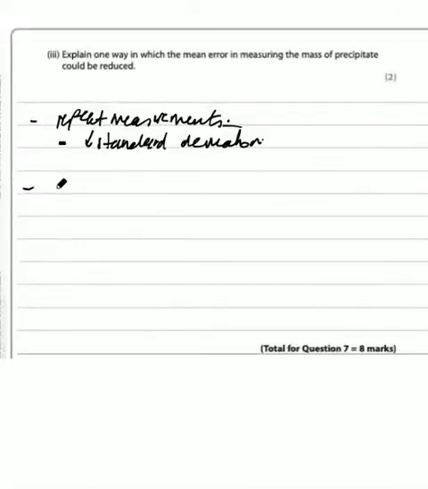That's because the more you leave something to dry, you ensure all the water is removed. And so when you start to measure the precipitate, you know that you're actually measuring the precipitate instead of other water molecules still trapped. So that's another point, increased drying time, because it ensures all the water is removed.